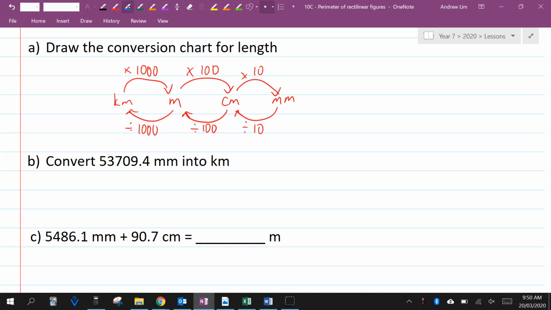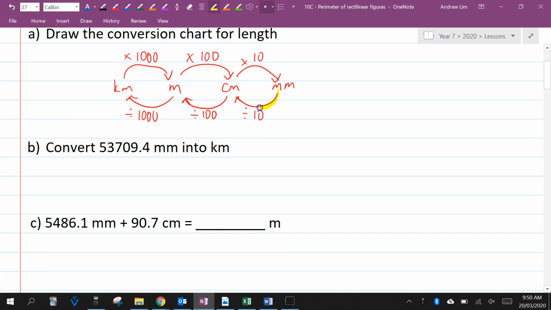Okay, question B. We're going to convert 53,709.4 millimeters into kilometers. So millimeters into kilometers, we need to follow the arrow. So we need to divide by 10, 100, and 1,000.